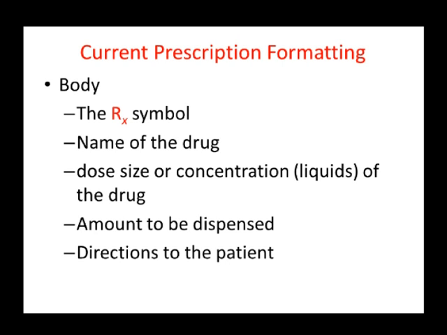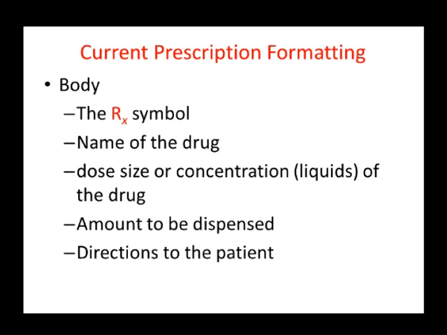So all these things make up the body of the prescription or the inscription. Remember, it can also happen that you have 3, 4, 5, 6, 7 drugs which are all listed in the body of the prescription. So the body of a prescription might have many drugs with all these components listed, and it can become very complex for the pharmacist to read.